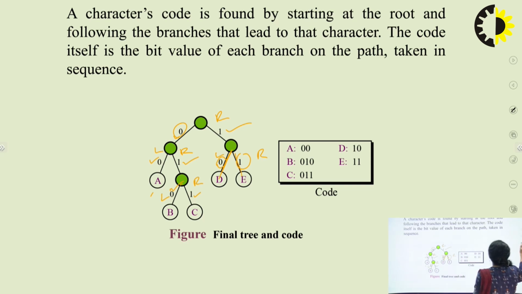After we are done numbering the edges of the tree which we found in the previous slide, next we give the corresponding representation of the symbols in our character set.